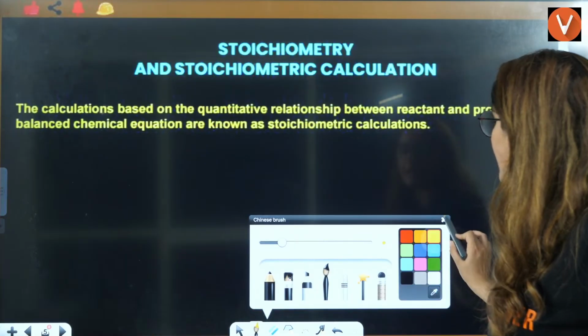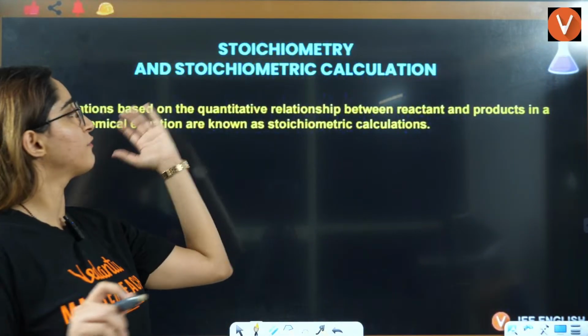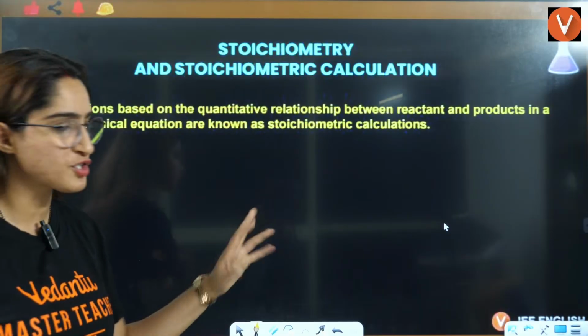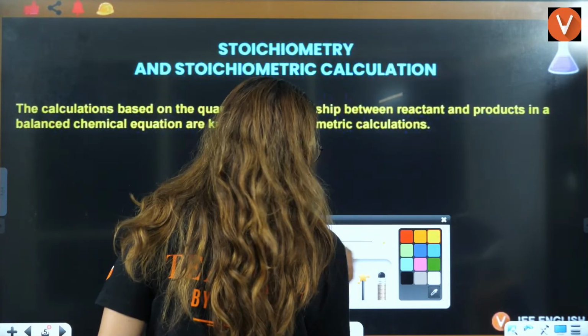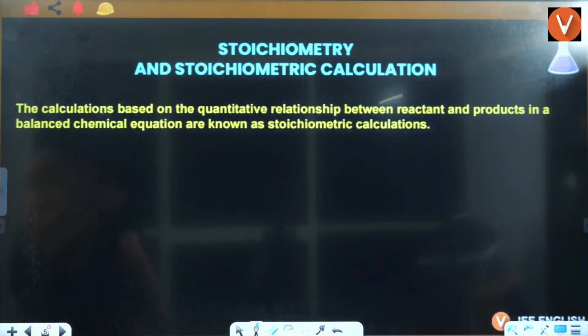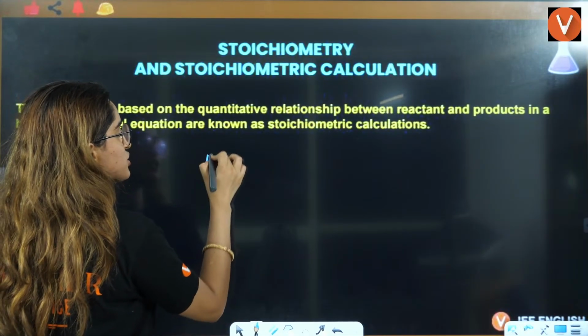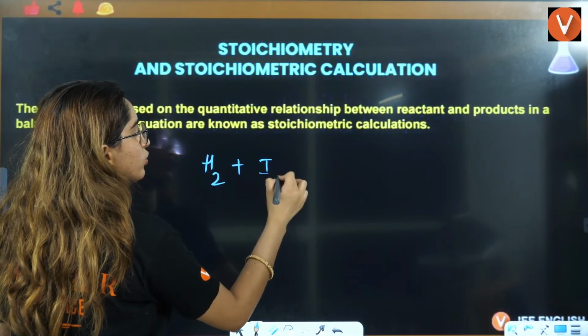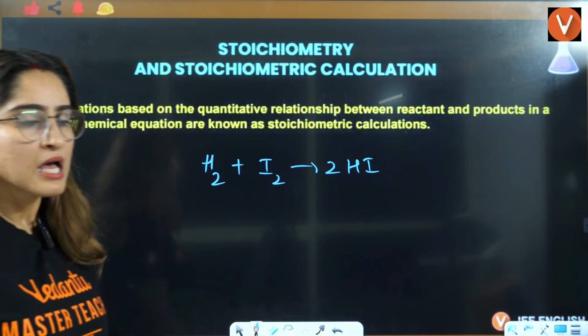Now let's talk about stoichiometry. What is a stoichiometric coefficient? Throughout your physical chemistry I'll teach you about stoichiometric coefficients, but right now let us see what is important here. Students, say you have the reaction H2 plus I2 gives 2HI.